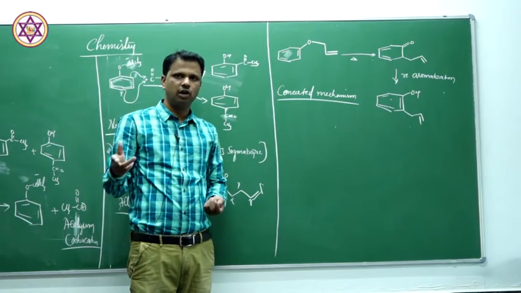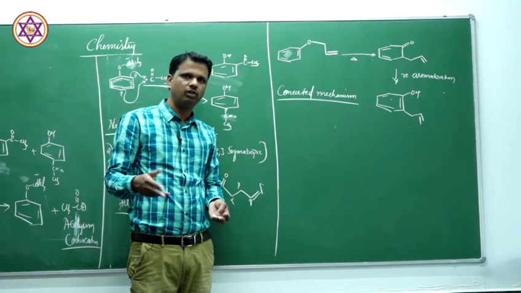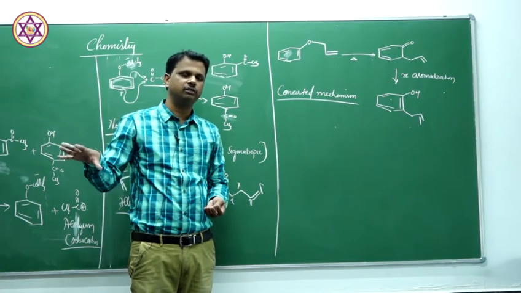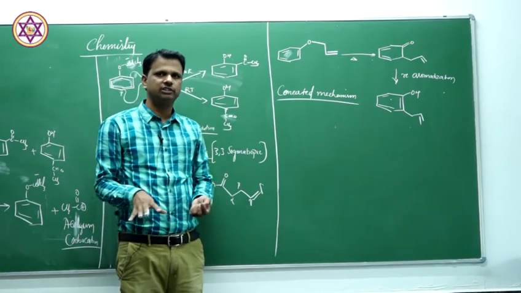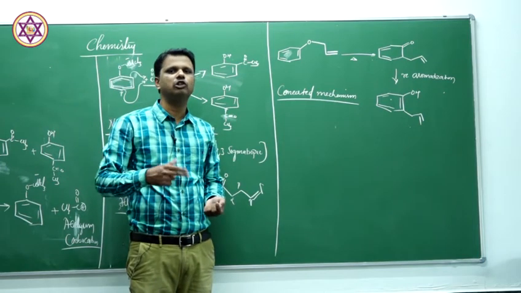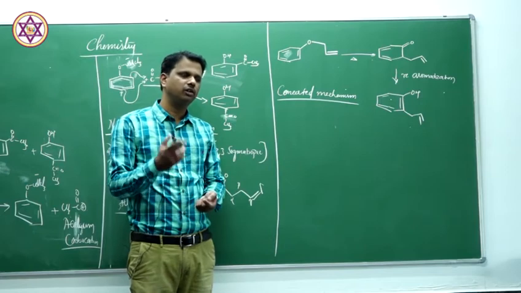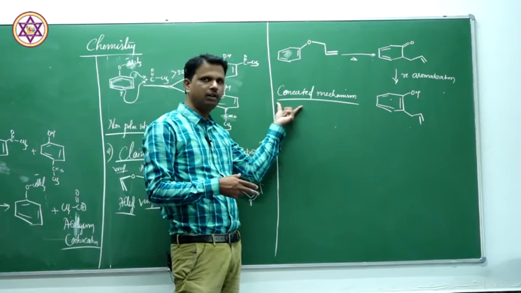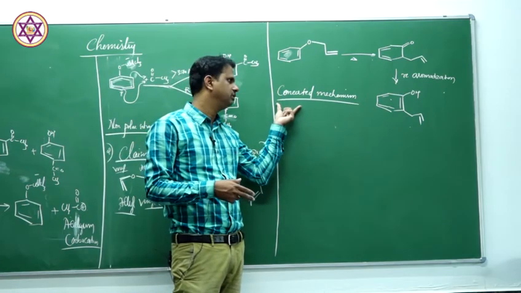If any reaction involves an ionic intermediate like a carbocation, anion or any other intermediate, then it is called an ionic mechanism. But some reactions are concerted in nature. That means bond making and breaking take place simultaneously. You cannot actually predict when the bond is breaking or when the bond is making. So we call such reactions concerted mechanisms.